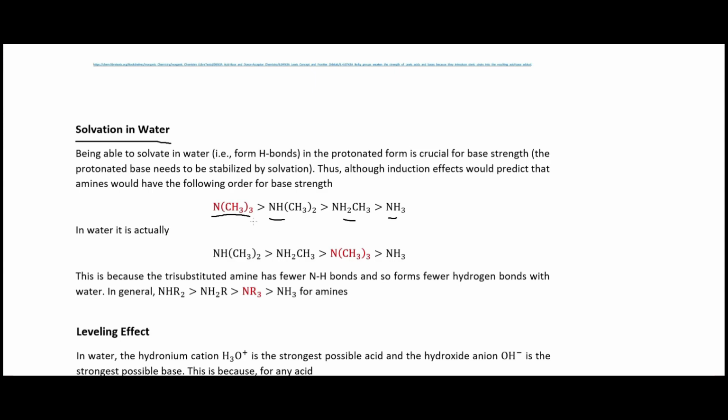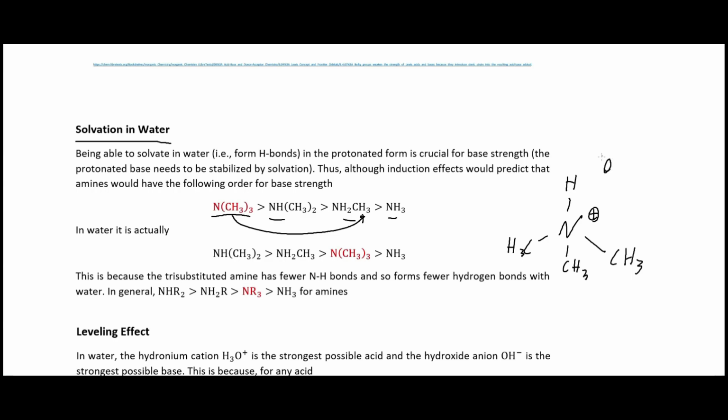But in water, this red one here is actually switched into that position right there. And that's because in water, if we have that right there, and then we have our three methyl groups here, this will be positively charged, but there is less hydrogen bonding that can actually happen.